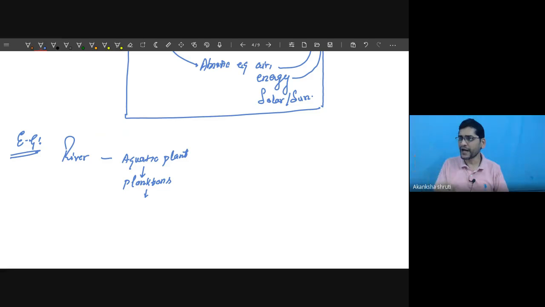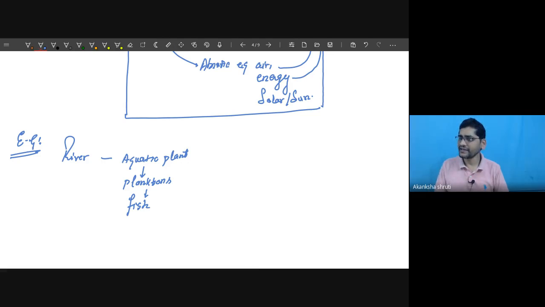These smaller plant-like things float over the upper surface of water, and that is taken by the fish. The smaller fish one may be taken by fish 2, and so on.